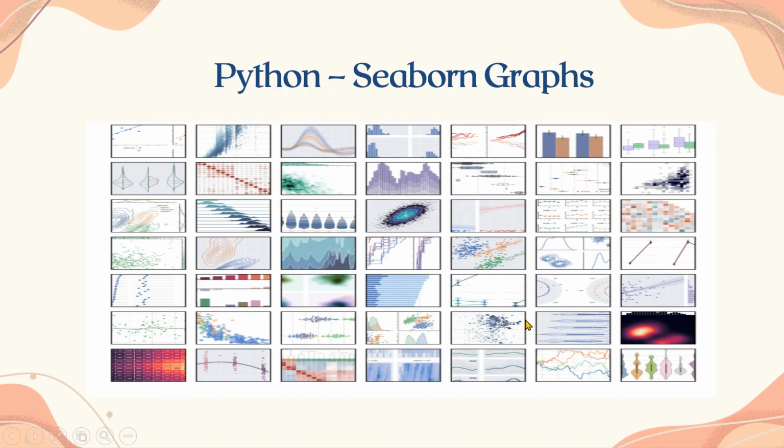Now these are a few graphs which can be prepared by the Seaborn library. So we have violin plots, then we have sine graphs, then we have the histograms. Okay. Then we have the heat map, right? Then we have the bar graphs, then box plot graphs. Like so many we have, but here we can create a little bit more attractiveness and beauty with Seaborn graphs, which is based on your Matplotlib.